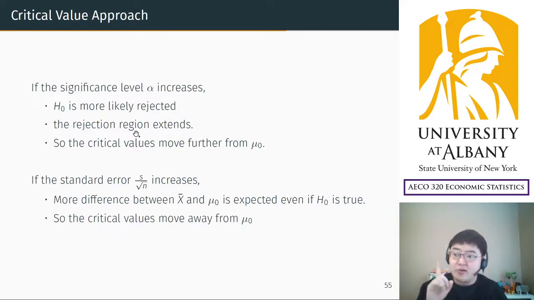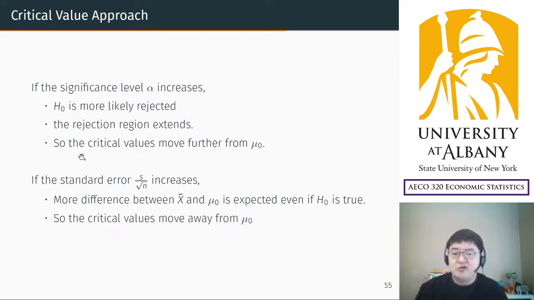And there is another change you can think of: if the standard error increases, it makes the critical values wider because you have to allow a larger margin of error. The intuition behind these two is the same as the intuition behind confidence intervals we discussed in that chapter.